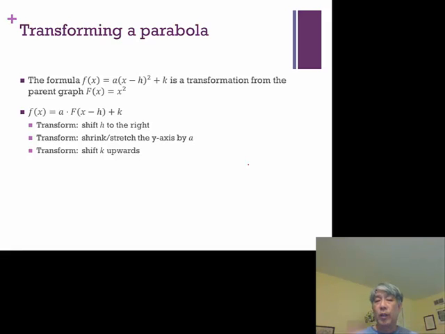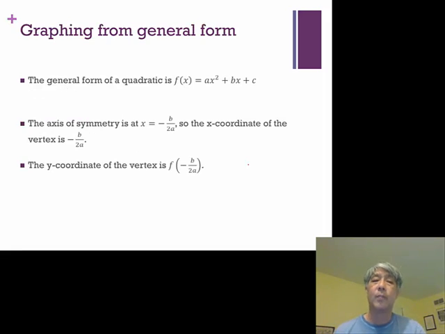Meanwhile, I'm going to be shrinking or stretching along the y-axis by that constant a. And the plus k says I'm going to take this whole parabola and shift it k units upwards. So this is nothing more than taking my x squared and sending it through a series of transformations.